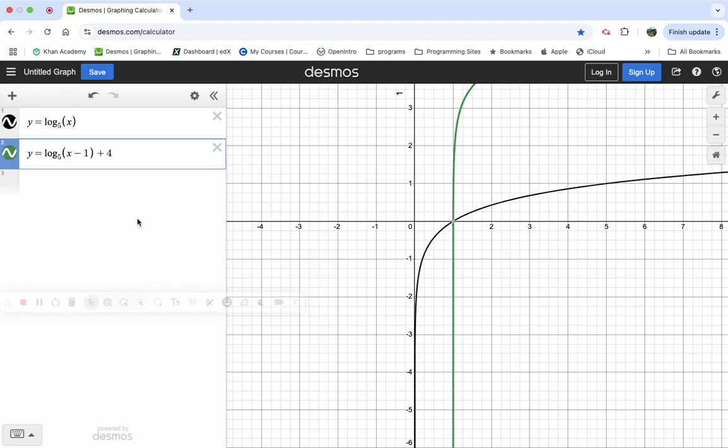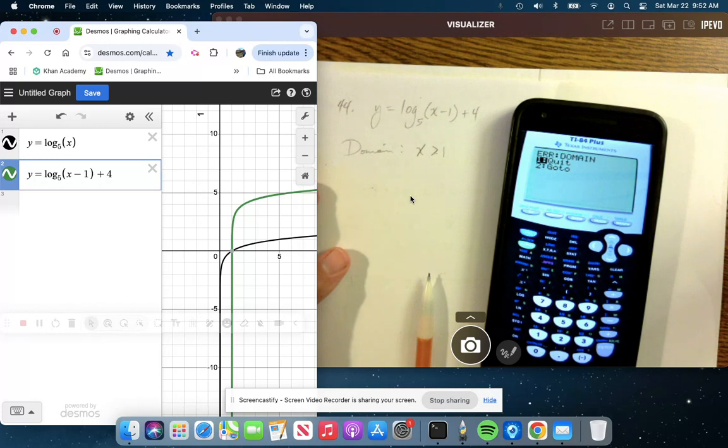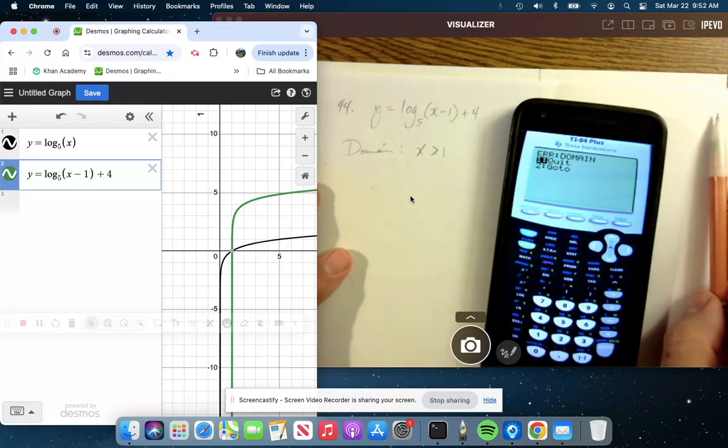Hold on, I'll show you on the calculator. If I do log of 0, I get an error domain. So in a logarithm, the argument, which in this case is x, has to be greater than 0.